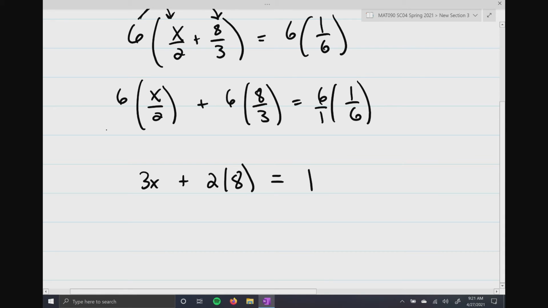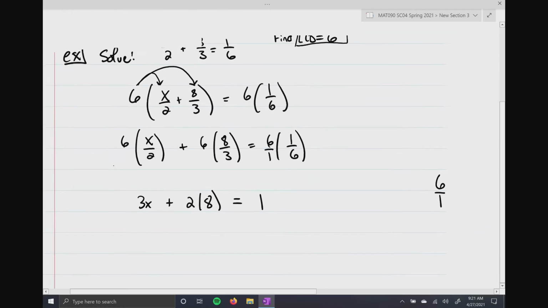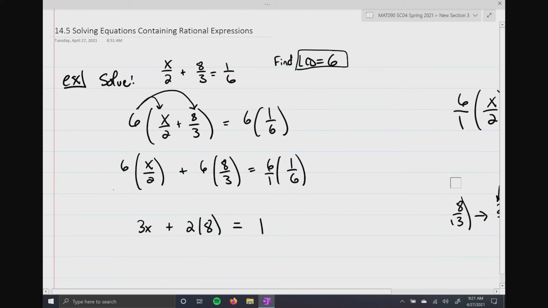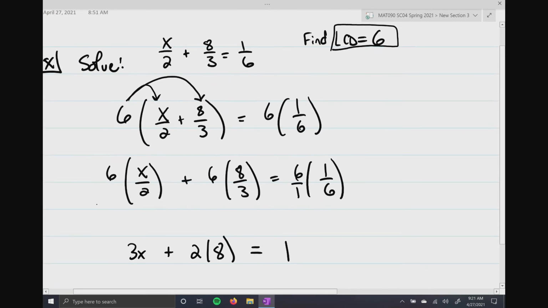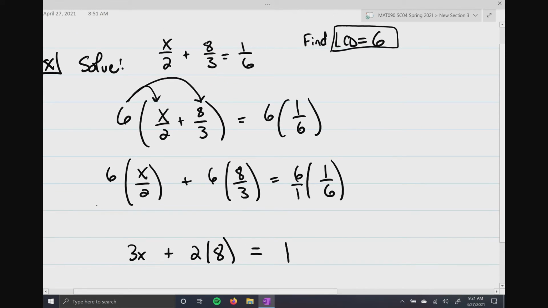So, if I zoom out, let me get rid of this stuff over here to the right so you're not looking at that. So if I zoom out and I look at what I've done, I got a problem that contains rational expressions. So I found the LCD. I decided to multiply both sides by the LCD and simplify.